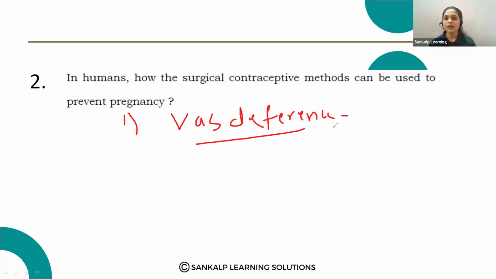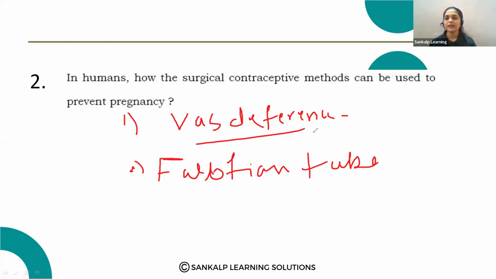If the vas deferens is blocked, there is no chance of transferring the sperms to the female reproductive structure. If the fallopian tube is blocked in the female, then there is no chance of the egg reaching the sperm.